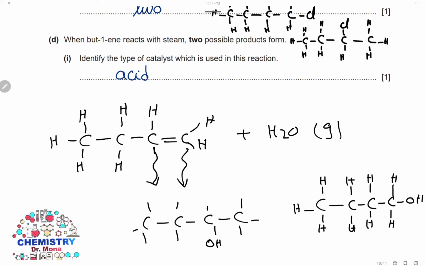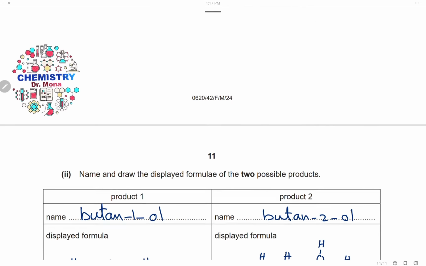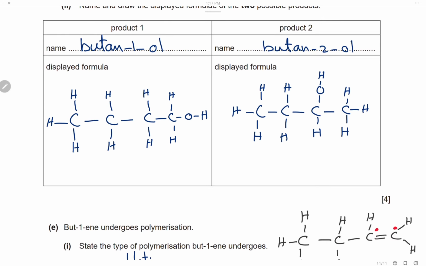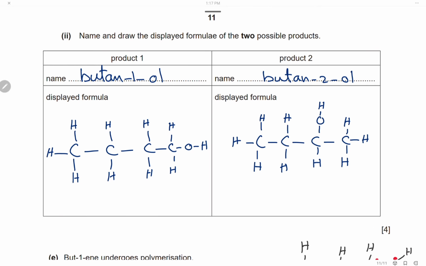So we have two different isomers of the alcohol formed, butan-1-ol or butan-2-ol. We have the displayed formula for the isomers here. Here we have butan-1-ol, the OH is added on the first carbon, and butan-2-ol if the OH is added on the second carbon. And here we have the displayed formula of the two possible isomers or products.